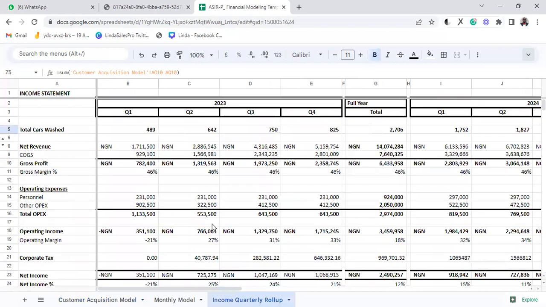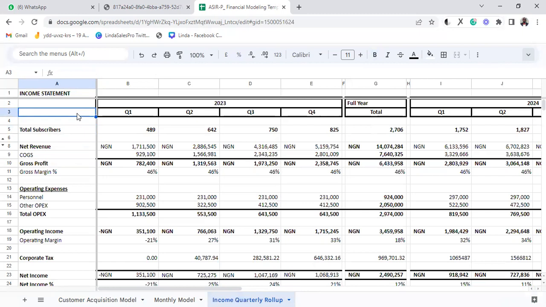Here we are going to see the total number of customers. This is not total car wash, so we are going to change it to total subscribers.